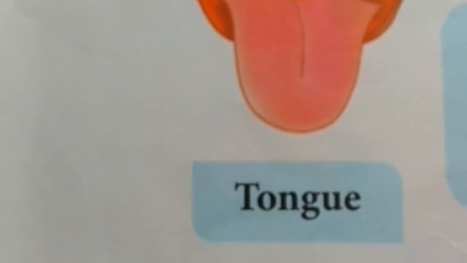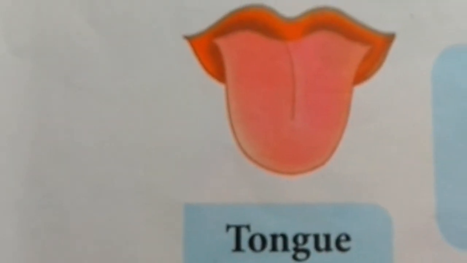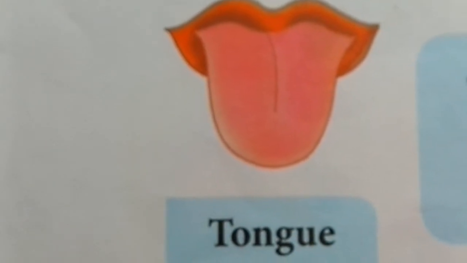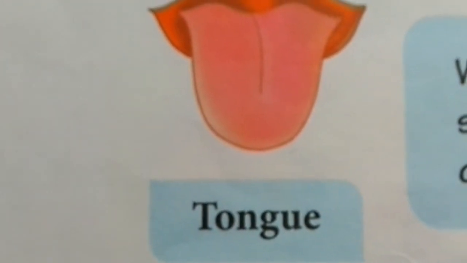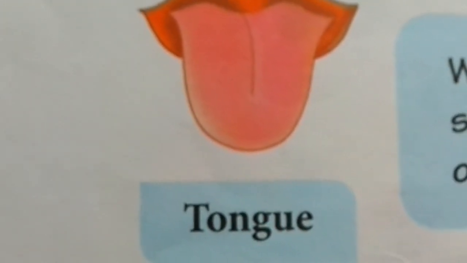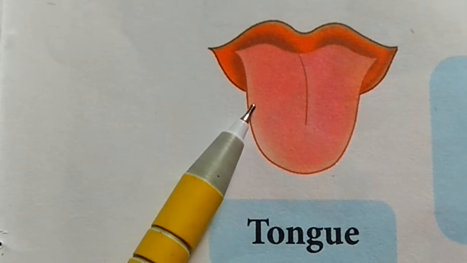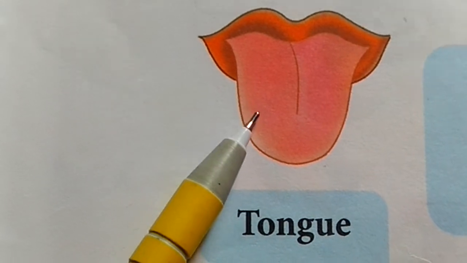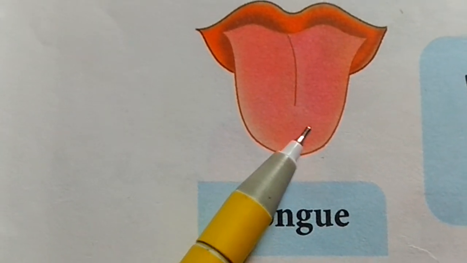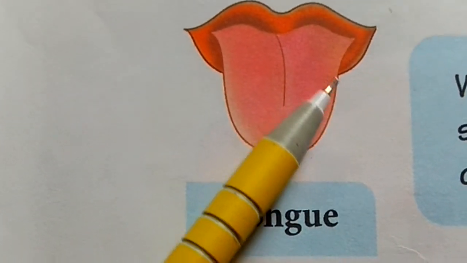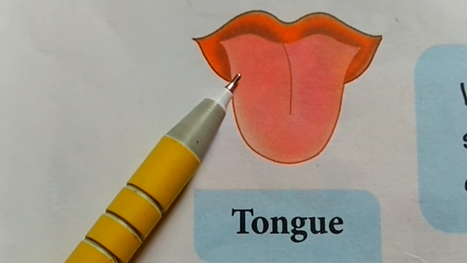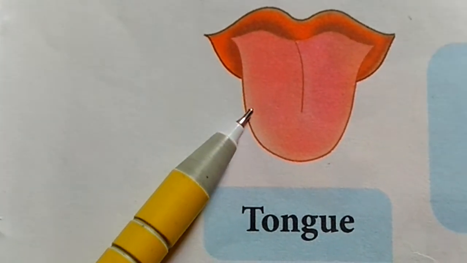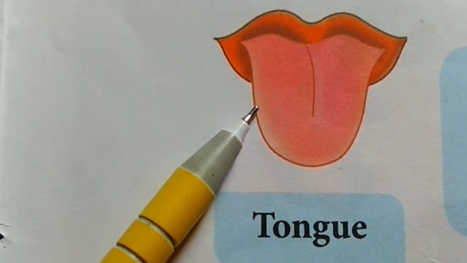So the inner ear converts these vibrations to a signal which is then sent to the brain. Next comes the tongue. The tongue is a fleshy sense organ found on the floor of the mouth. Our tongue has tiny bumps on its surface. These bumps have taste buds on them. These taste buds help us to identify the different tastes by sending signals to the brain.